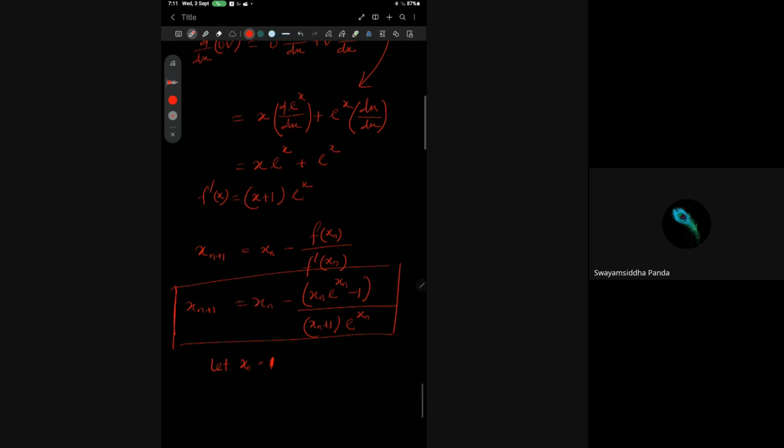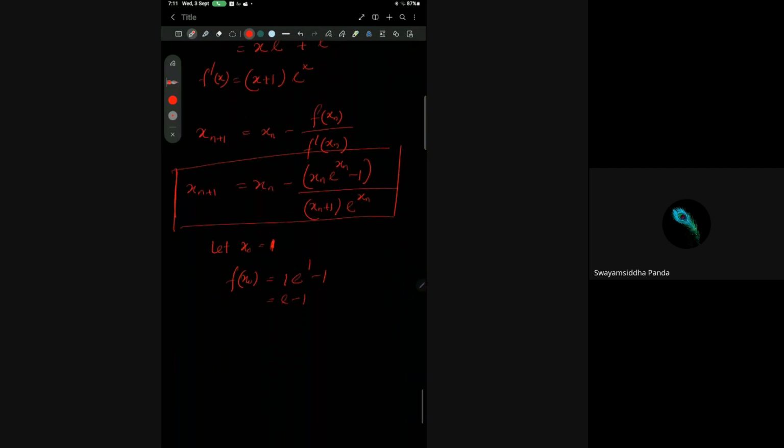But if we substitute 1, does the answer become 0? No. f of x0 is 1 into e to the power 1 minus 1. Right? So that is e minus 1.